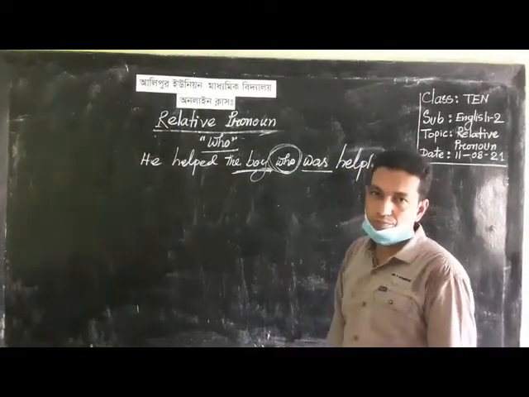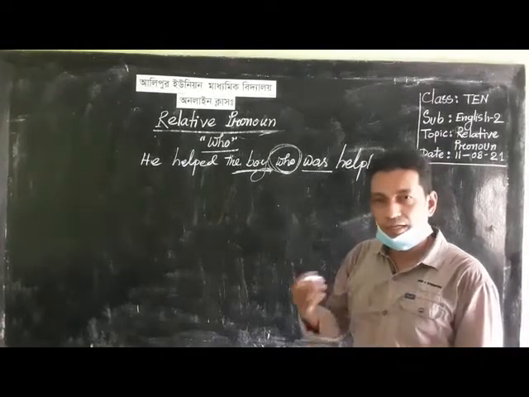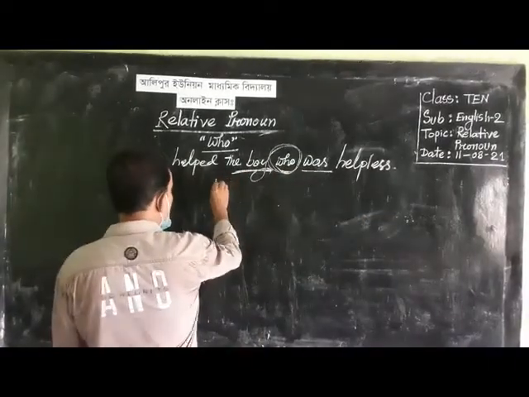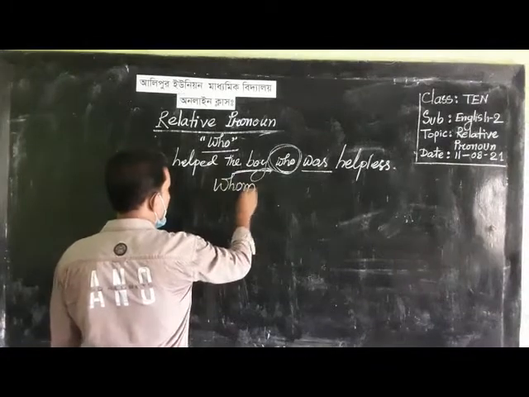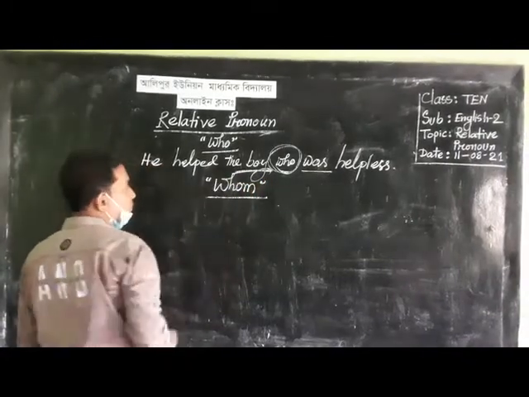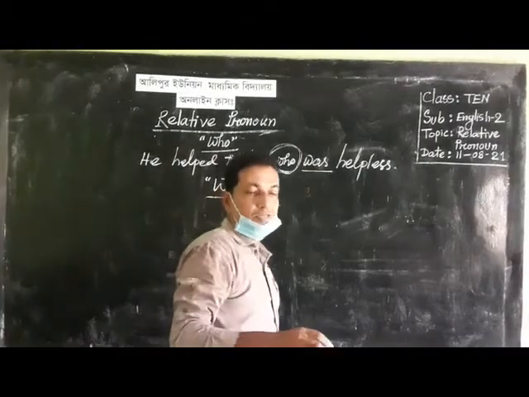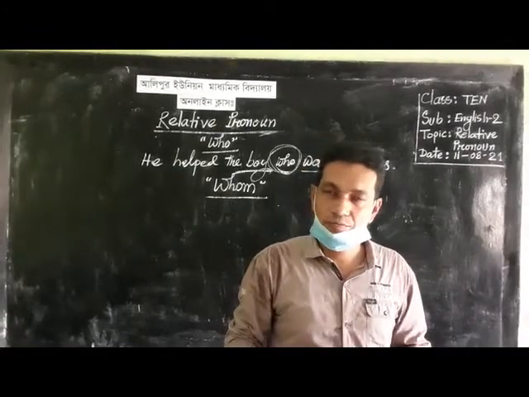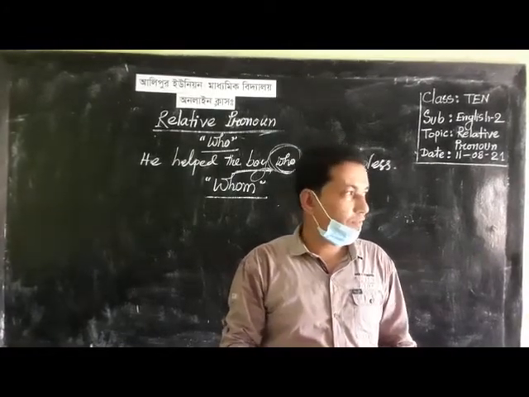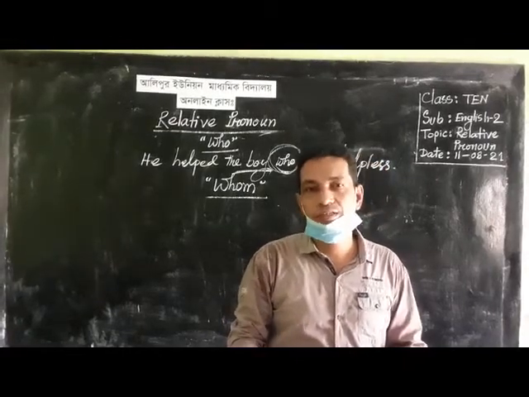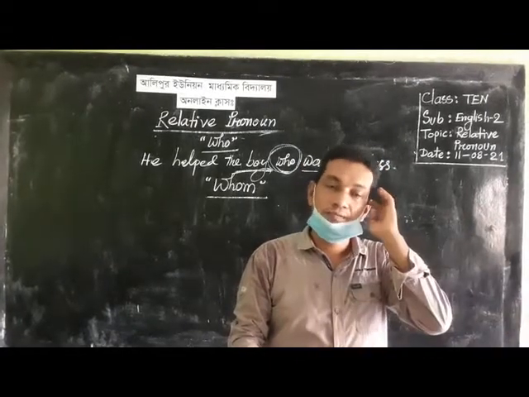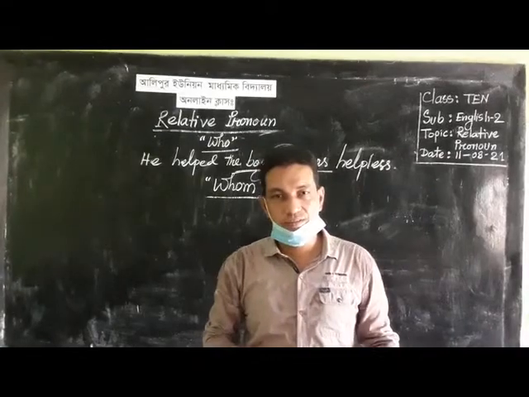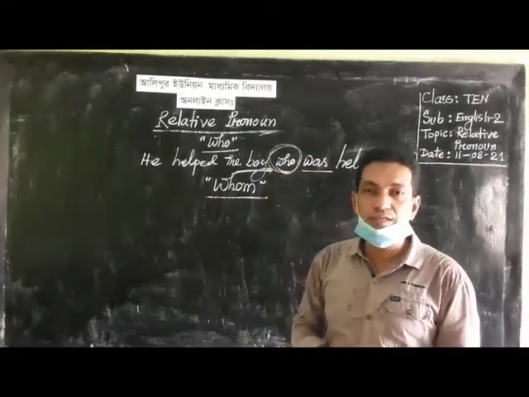Now I will show you another kind of relative pronoun, whom. Whom is also a kind of relative pronoun indicating a person, and the person must be an object. It sits as an object in the middle of the sentence. Now I am going to write another sentence using whom.